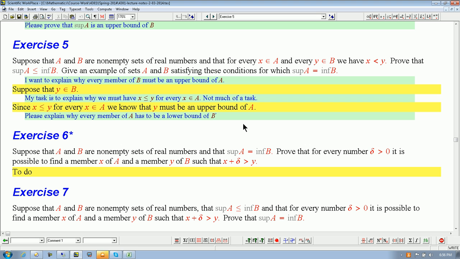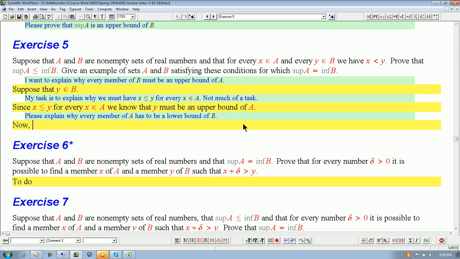Now I want to tell you something. Given any member Y of B, since Y is, I will emphasize, an upper bound of A. Haven't we just proved that?